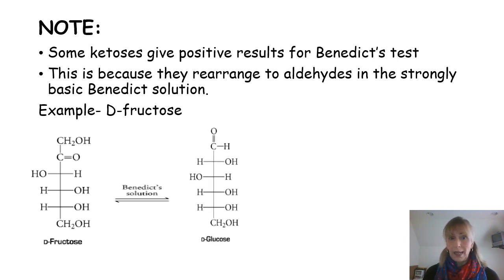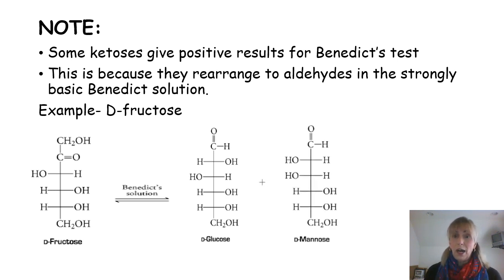Notice what happens: that carbon goes to an OH and an aldehyde up here. So this is a rearrangement. And since you are getting some D-glucose out of this, it will then reduce. It will also give you some of the opposite. If we flip that around, we get D-mannose, and it will then give you a positive Benedict's test.